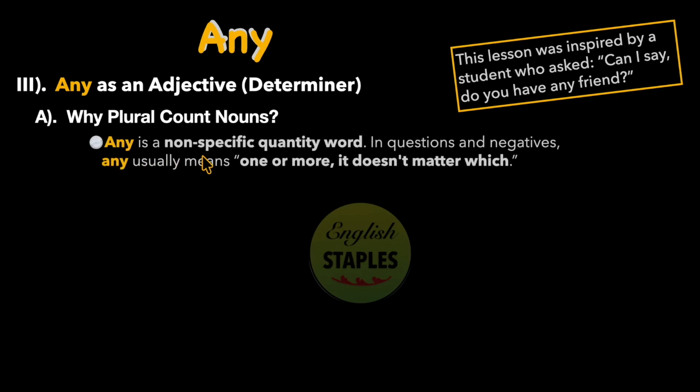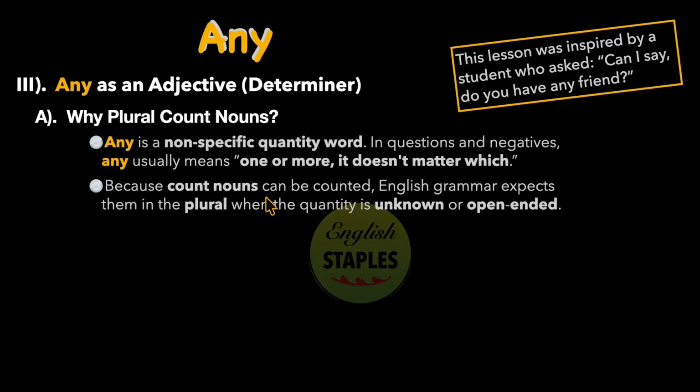Any is a non-specific word. In questions and negatives, any usually means one or more. It doesn't matter which. The word any is a non-specific quantity word. So we need to make sure we understand that.